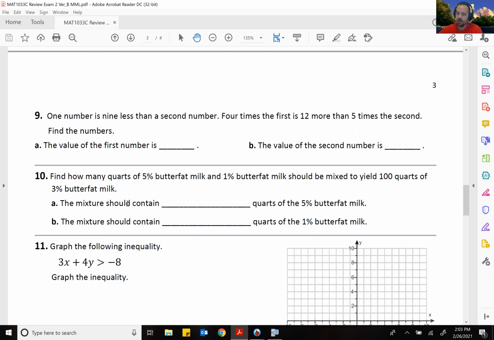And you already know that we are working with a total of 100 quarts of 3% butterfat milk. Just writing down some pertinent information.